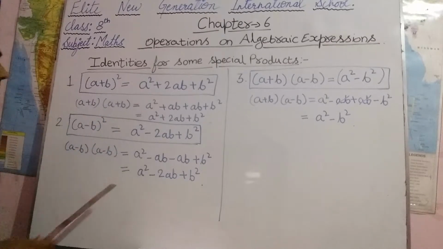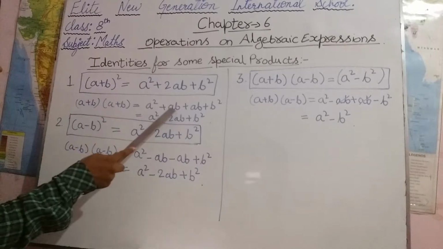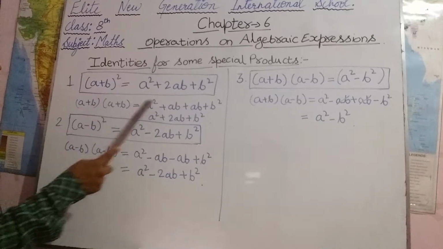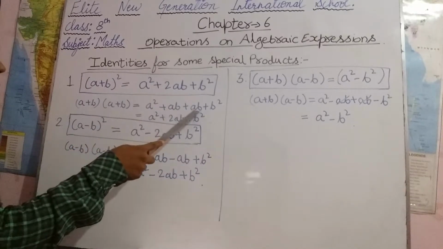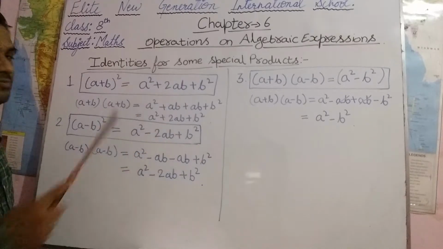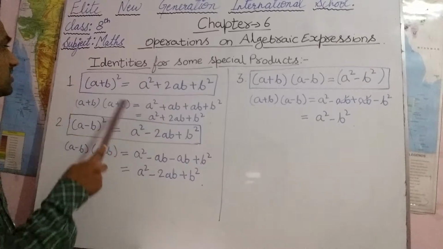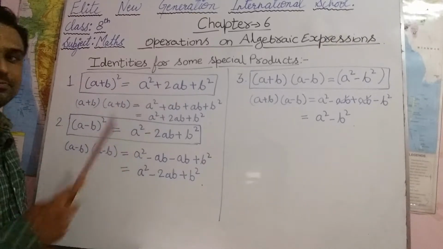When we multiply this, a into a will be a square, a into b will be ab, b into a will be ab, b into b will be b square. Now solving this, a square, ab plus ab will be 2ab, plus b square. So this is the first identity.